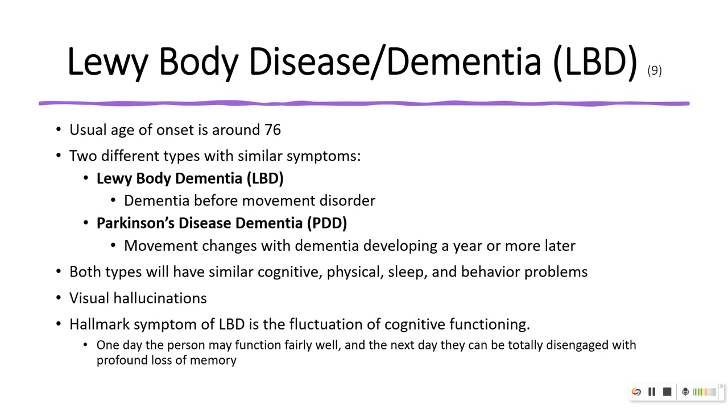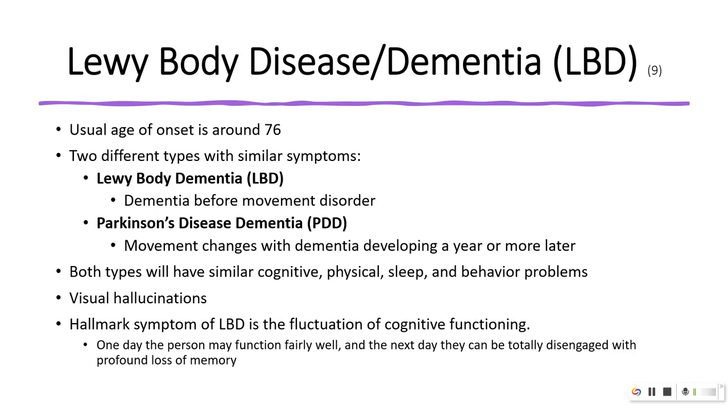They're seeing that Parkinson's disease dementia and Lewy body dementia are similar. The main difference is what happens first. With Lewy body dementia, the person is going to have the confusion, the dementia, before they start seeing the movement disorders. And those movement disorders are similar to what you would have in Parkinson's disease.